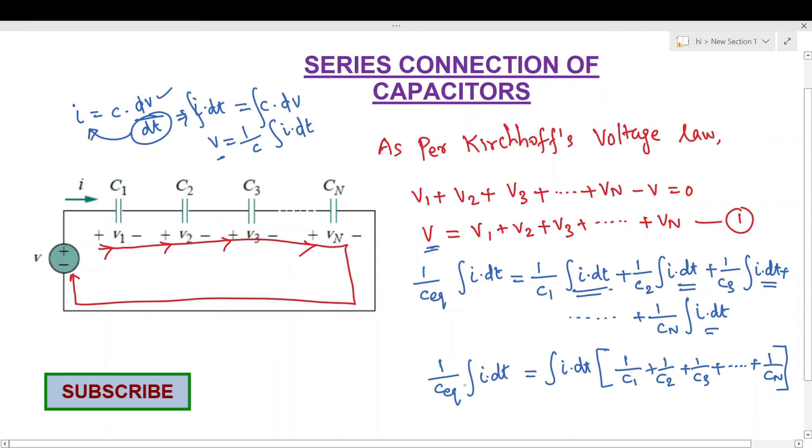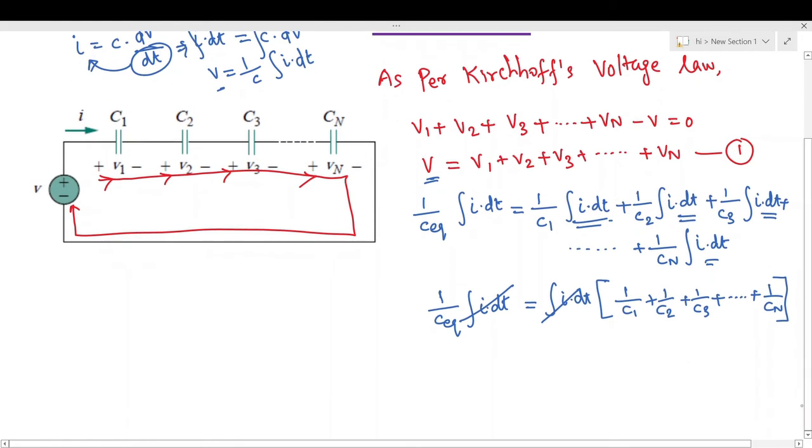So the equal terms on both sides of this equation can be cancelled out. The equation will now become 1 by C equivalent is equal to 1 by C1 plus 1 by C2 plus 1 by C3 and up to plus 1 by Cn.